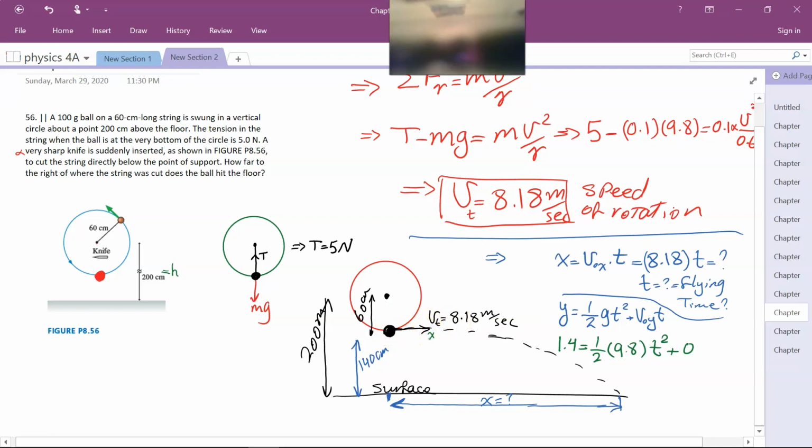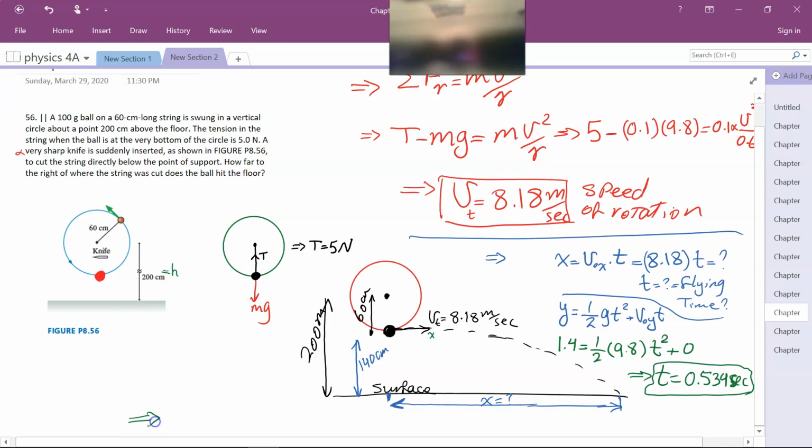Remember, this is only on the x-axis. Therefore, this flying time will be found. Let's see how much it is. 1.4 times 2 divided by 9.8. Take square root. The answer is 0.534 second. When we found flying time, done.